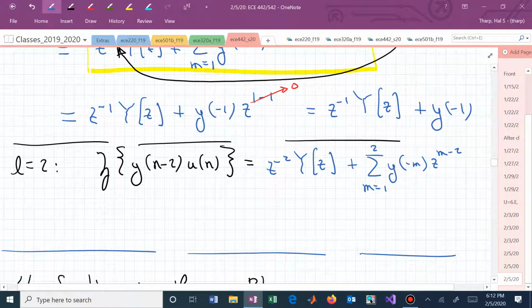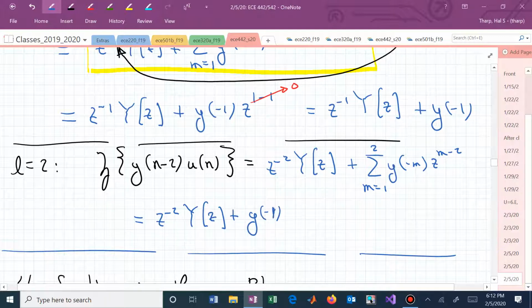Or, what's z scaling? y of minus 1, that's minus 1, plus y of minus 2. There's now the two terms that have slid over.